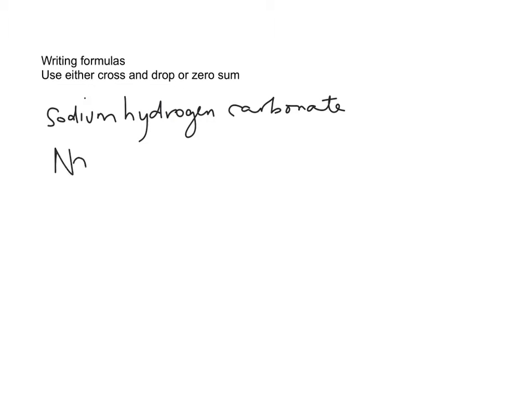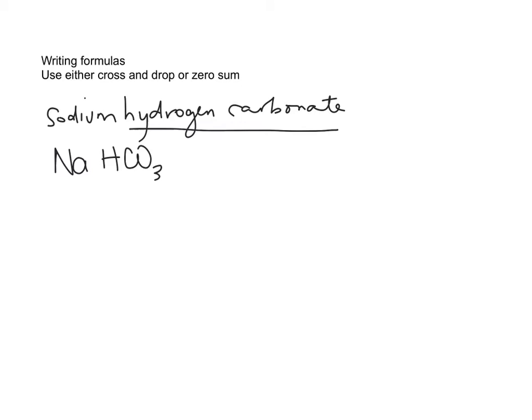So writing formulas, either use your cross and drop or the zero-sum method. I'll do cross and drop first. So let's say we have sodium hydrogen carbonate. So sodium is Na, and then hydrogen carbonate is HCO3.